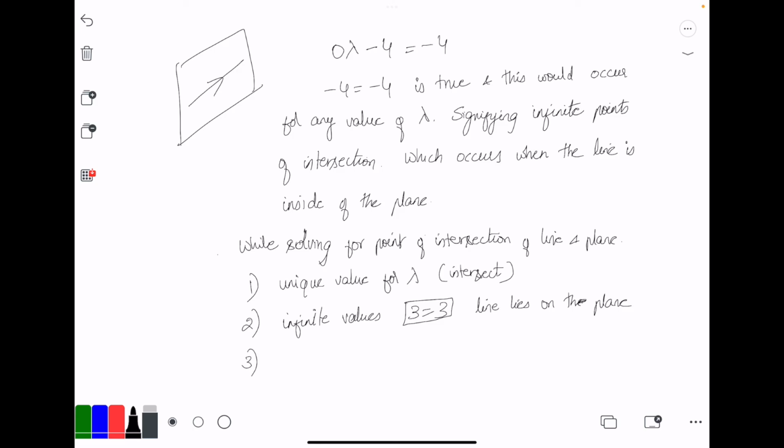But if we get a wrong equation, example 4 equal to 3, then no solution exists, meaning they are parallel.